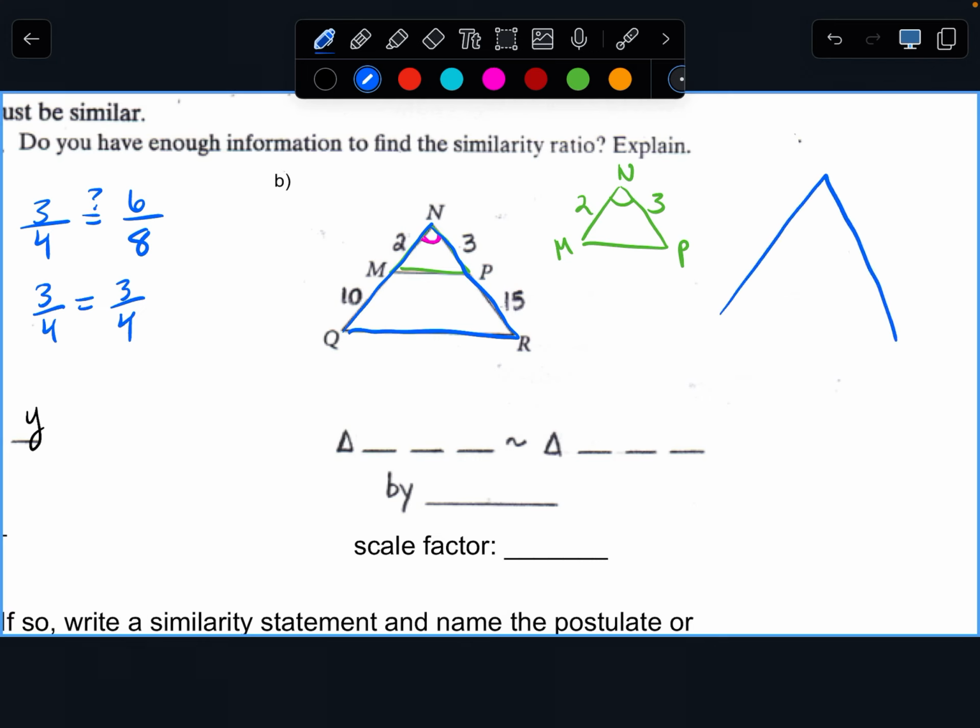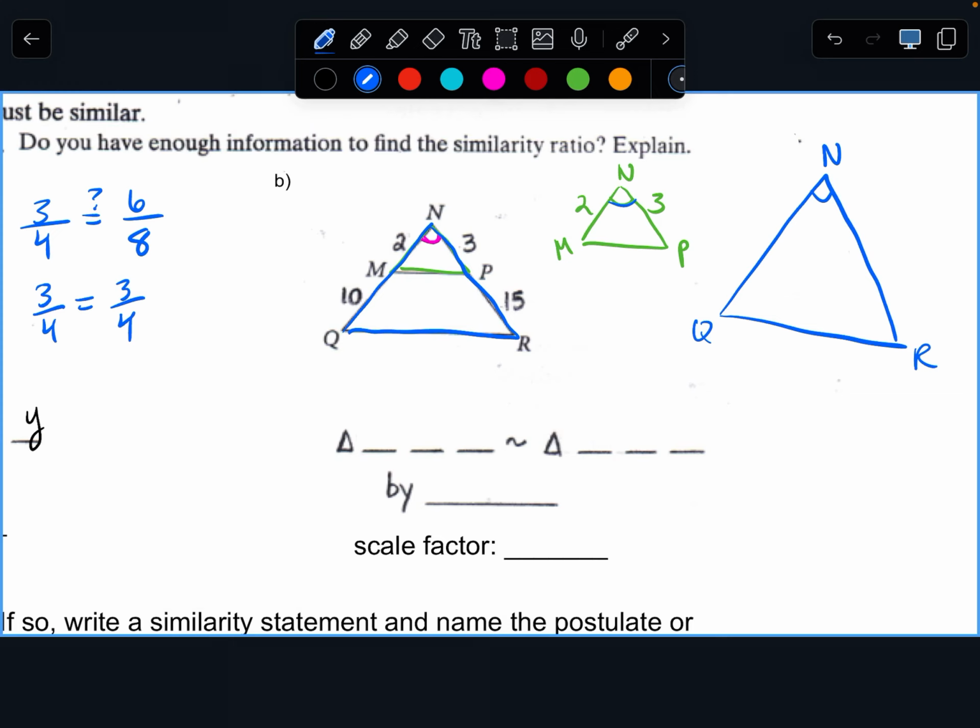So it's like an implied congruent part because it's the same angle, because they're sharing it. It's the reflexive property actually, if you did a proof with it.